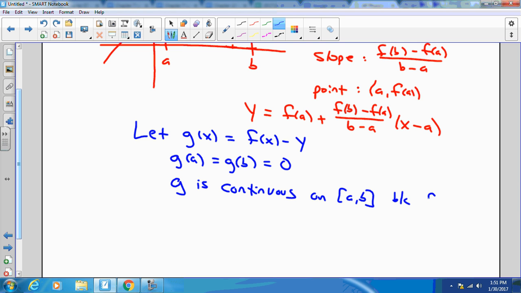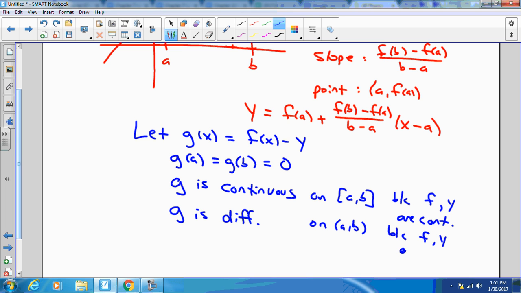So g is continuous because f and y are continuous. And g is also differentiable on the open interval a to b because f and y are differentiable.